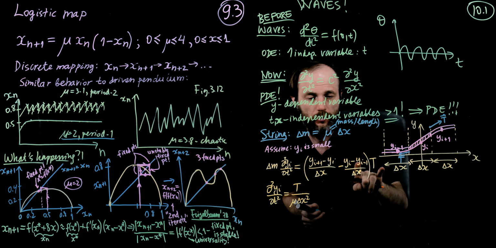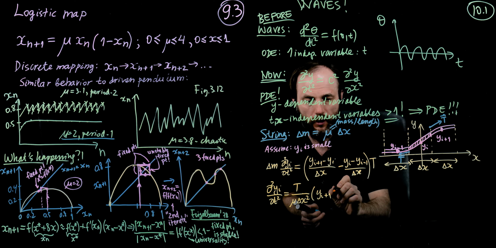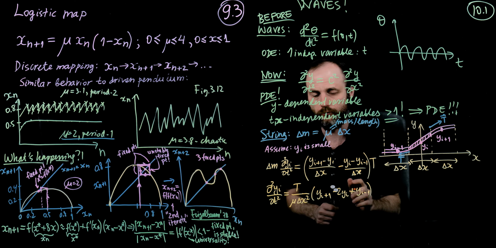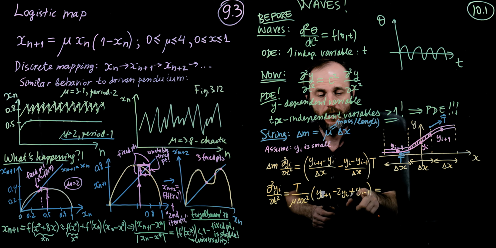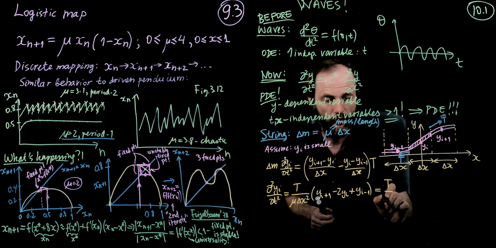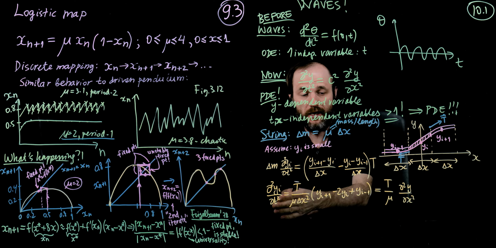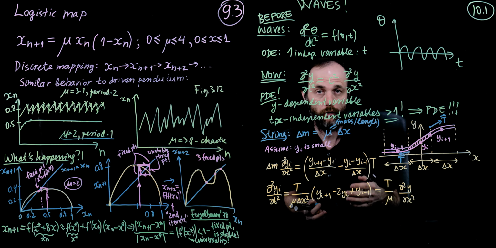And if we were to add these all up, we're going to get yi plus 1 minus 2yi plus yi minus 1. Or, in other words, you might have actually seen this expression. It's a second derivative of y with respect to x. This is T divided by mu times d2y dx squared. So we have just derived the PDE that describes propagation of waves through the string.